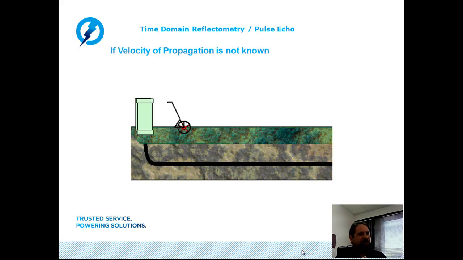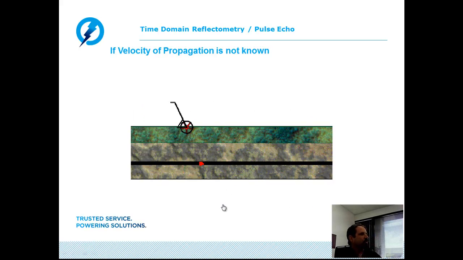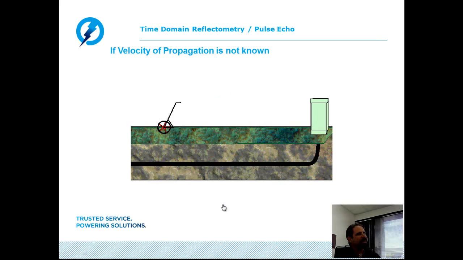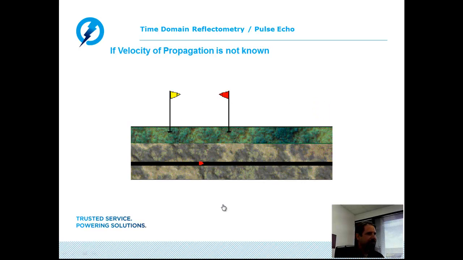Basically, what I'm going to do is measure the distance to the fault from both ends, but I'm going to use the same velocity value. So, if I had the velocity value set too low, when I measure the distance from end A, I'm going to wheel out the distance, put a flag on the ground, for instance, and then repeat the same thing from end B. I'm going to use the same velocity, measure from the other end, walk it out, put a flag on the ground.